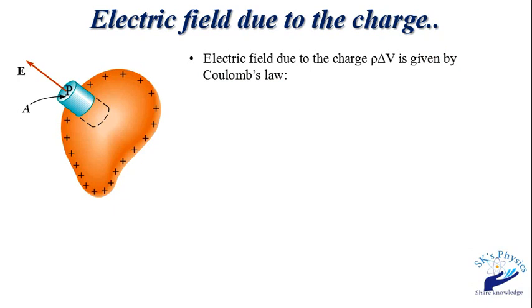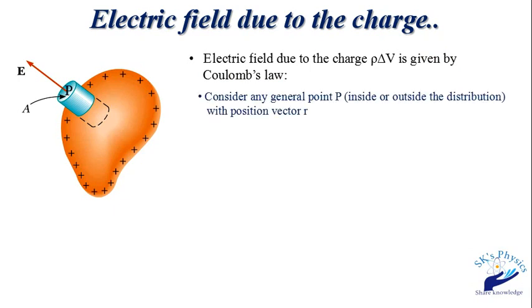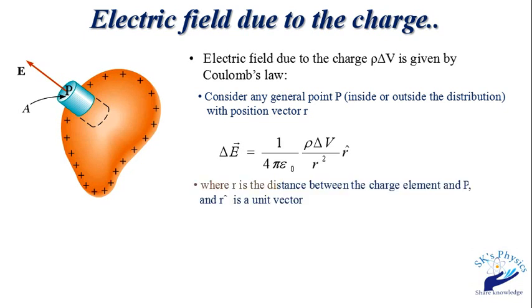Here at point P, consider any general point P inside or outside the distribution with position vector r. Electric field is equal to 1 upon 4 pi epsilon 0 rho delta V by r square into r cap. Electric field is equal to kq upon r square, where r is the distance between the charge element and P, and r cap is a unit vector.